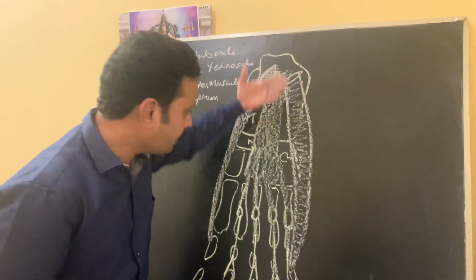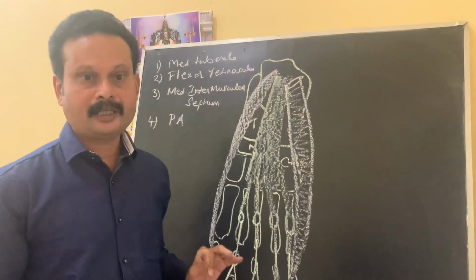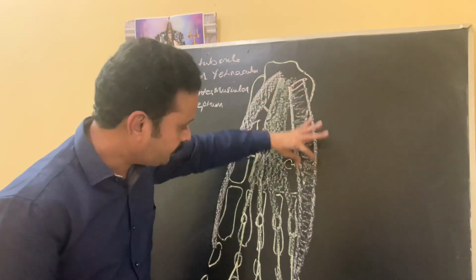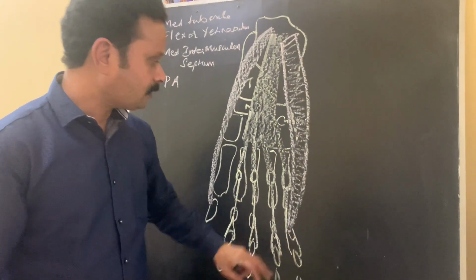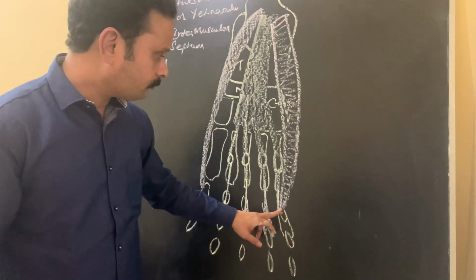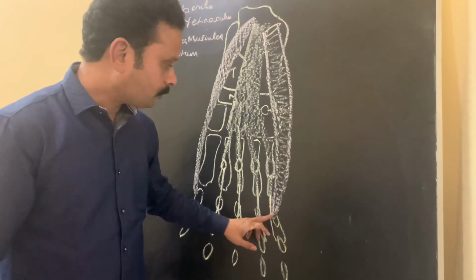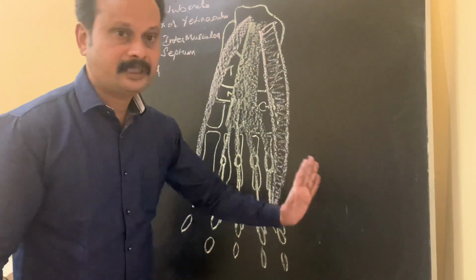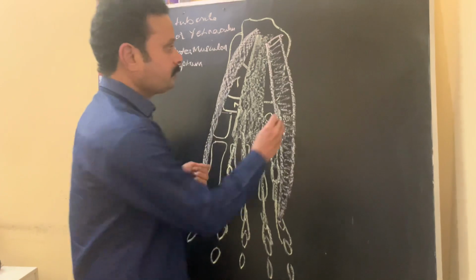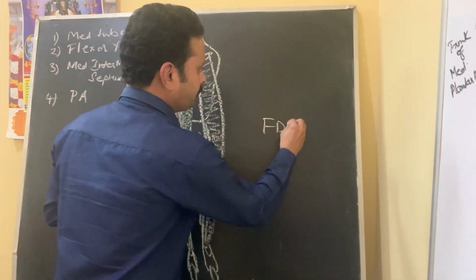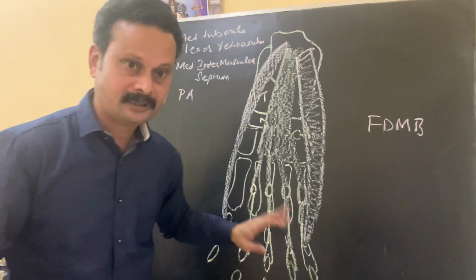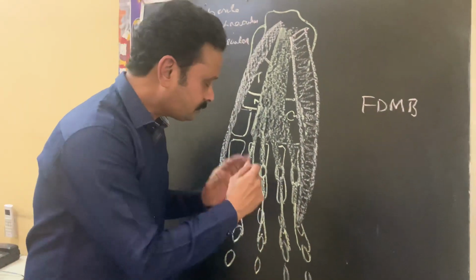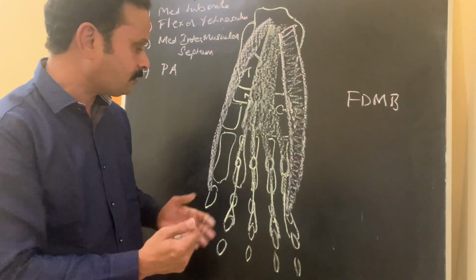the sole, under cover of lateral part of plantar aponeurosis, finally descends downwards to be inserted onto the sides of the base of proximal phalanx of the little toe, in common with flexor digiti minimi brevis, which is also inserted there.